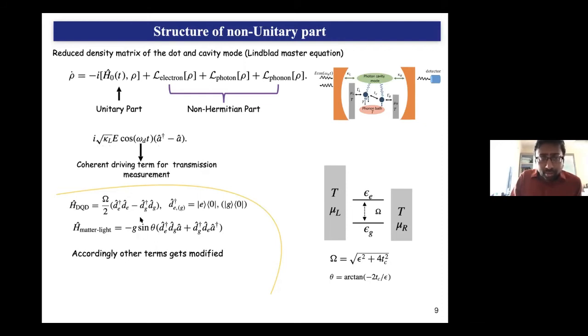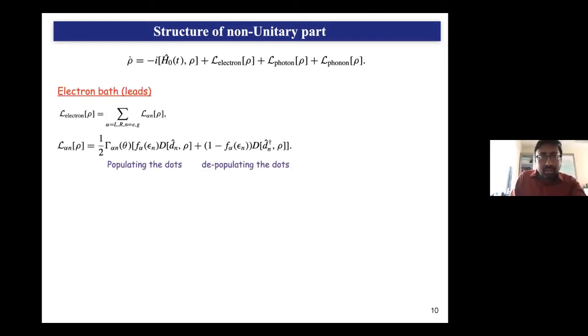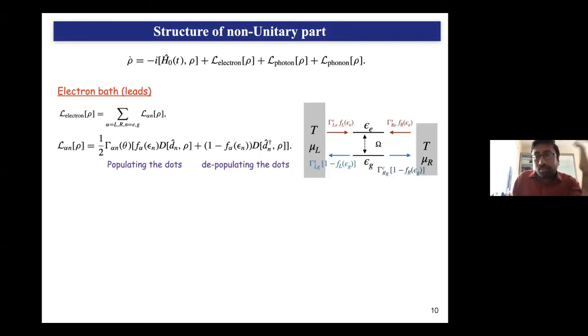So your light matter interaction now gets a g sine theta, and remember this theta comes from the rotation. All right, so this is the Lindblad equation with the dissipators coming from the electron, the photon, and the phonon, and it is not very difficult to see what these terms are. Very quickly, the electronic term comes from the electronic baths, and what the baths are doing is nothing but populating and depopulating these two levels.